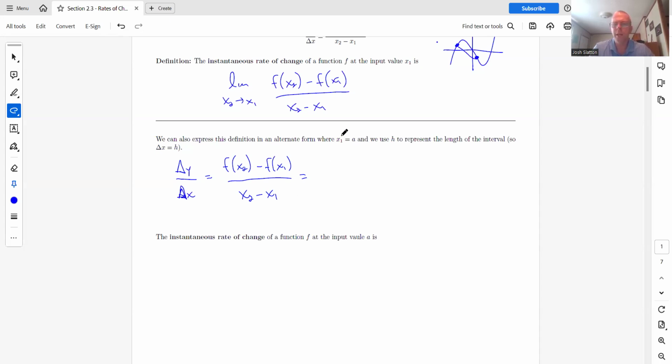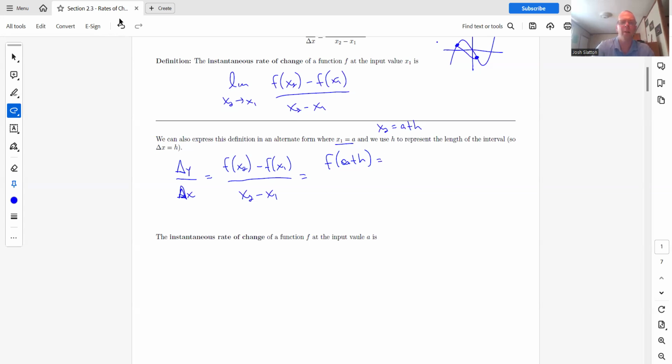So if x1 is a, and the difference from x1 to x2 is h, then x2 would equal a plus h, right? So f of x2 would be f of a plus h. F of x1, because x1 is a, would be f of a.